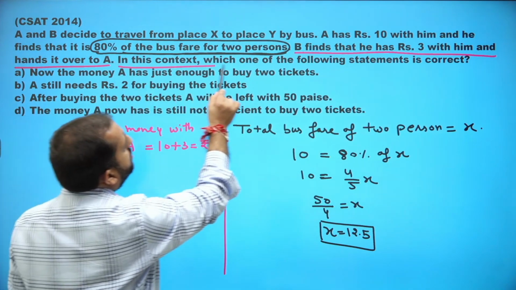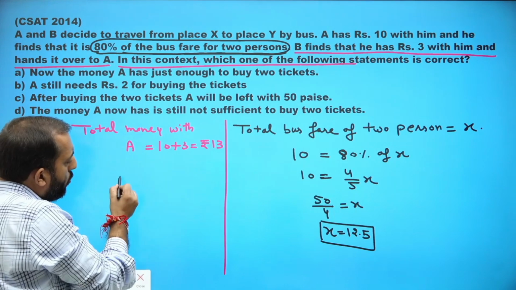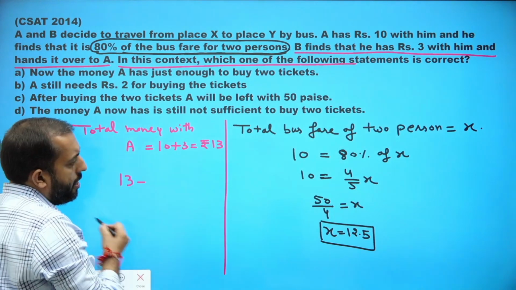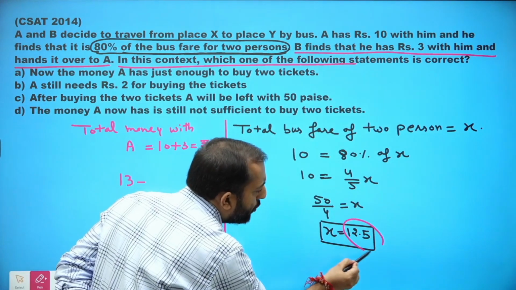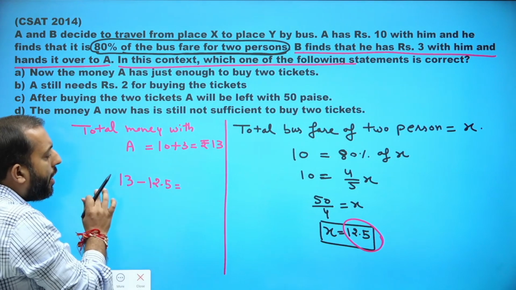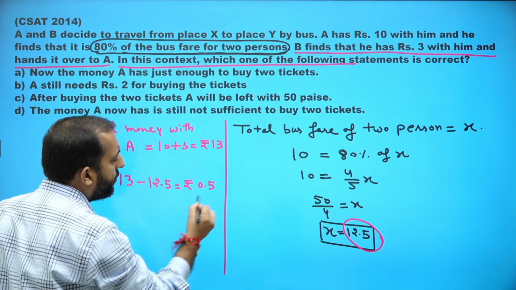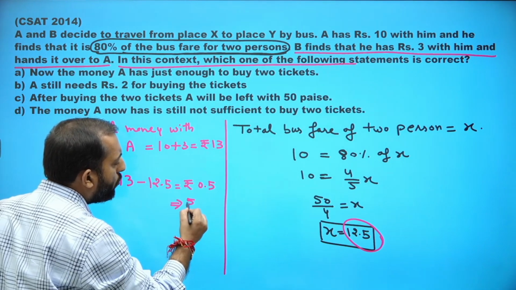In this context, which of the following statements is correct? See, total money with A is 13 and money required for fare is 12.5. So A will be left with rupees 0.5, which is equal to 50 paisa.